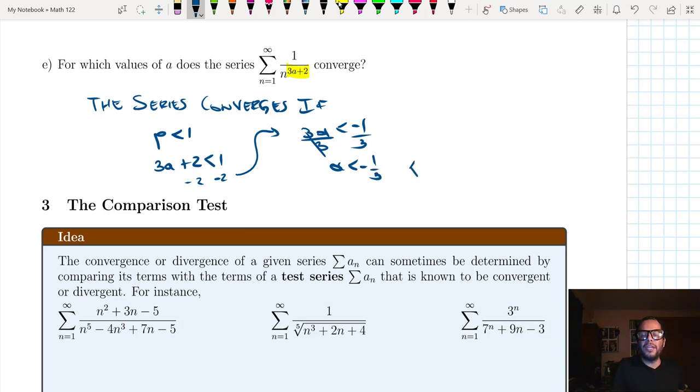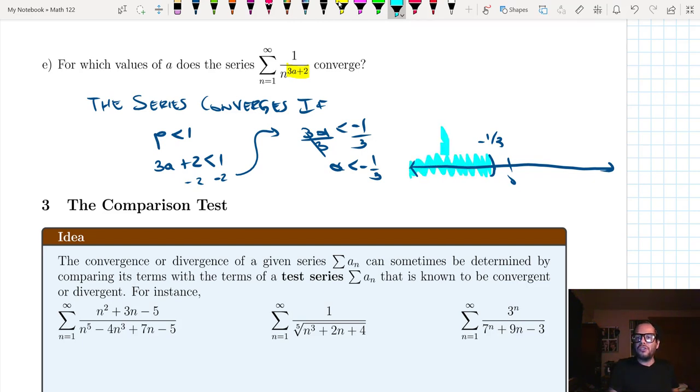So you can pick any value greater than negative 1/3.